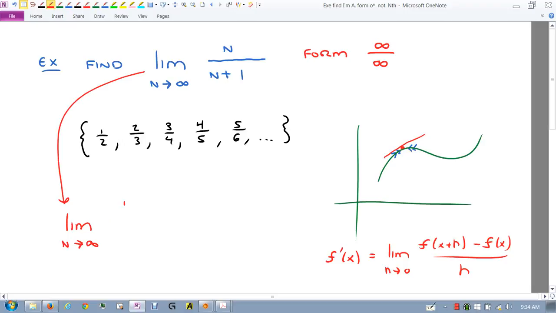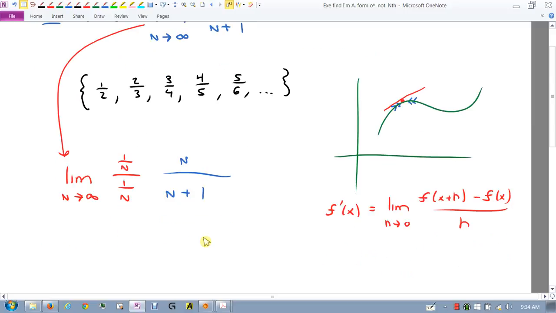I'm going to divide or multiply the top and bottom by 1 over n. The reason I chose 1 over n is I'm going to try and turn the highest power of n in the denominator into a 1. So if I divide n by n, then it'll become a 1, won't it?